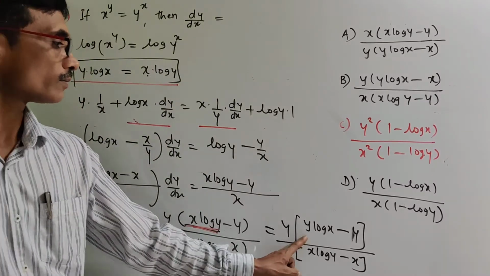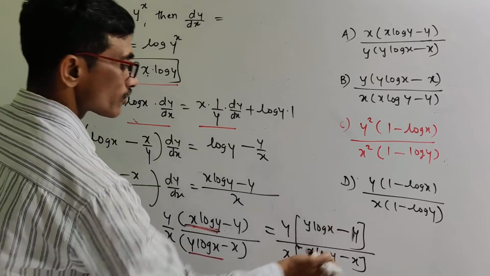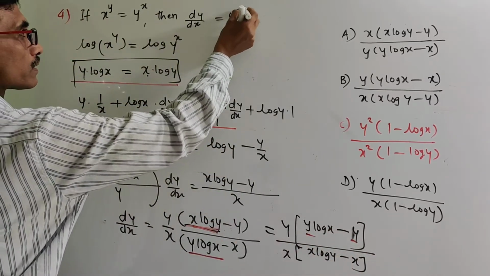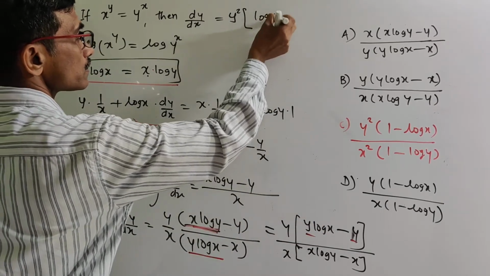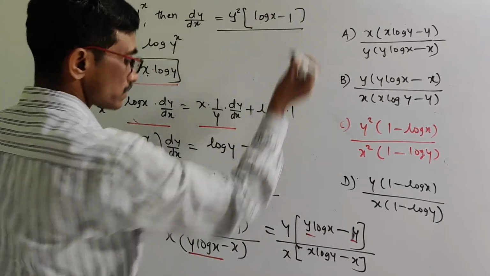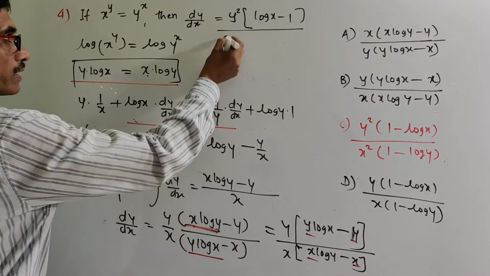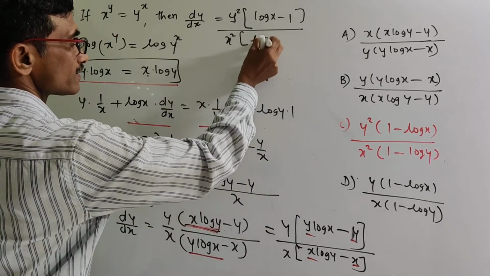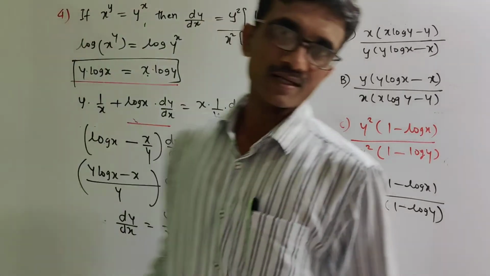Taking y common from the numerator, dy by dx will be y squared into log x minus 1, upon taking x common from the denominator, x squared into log y minus 1.